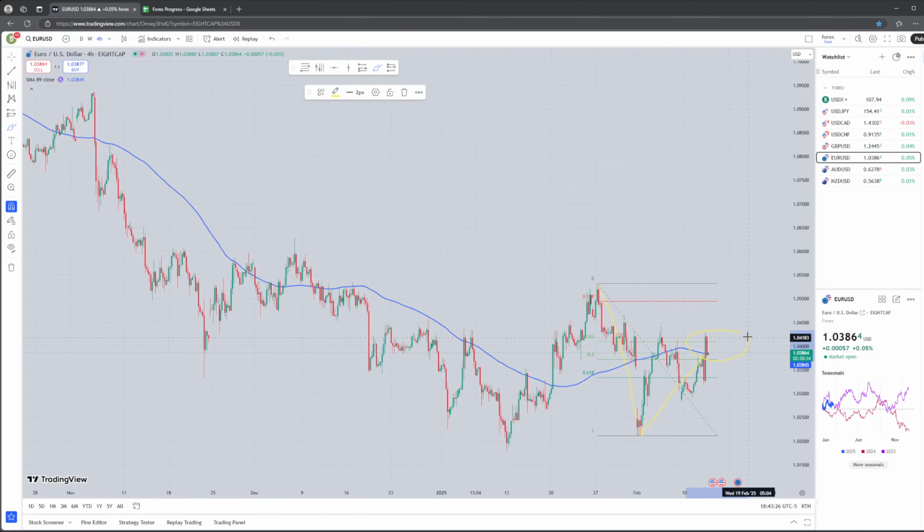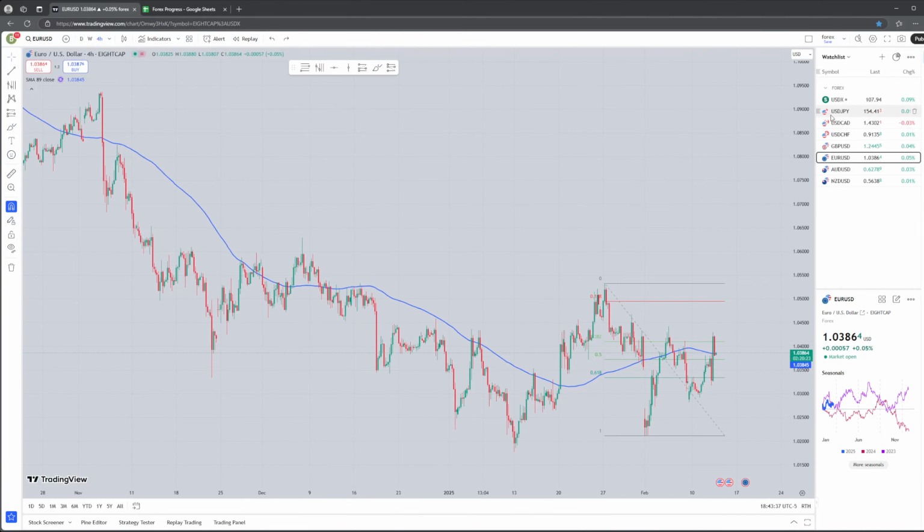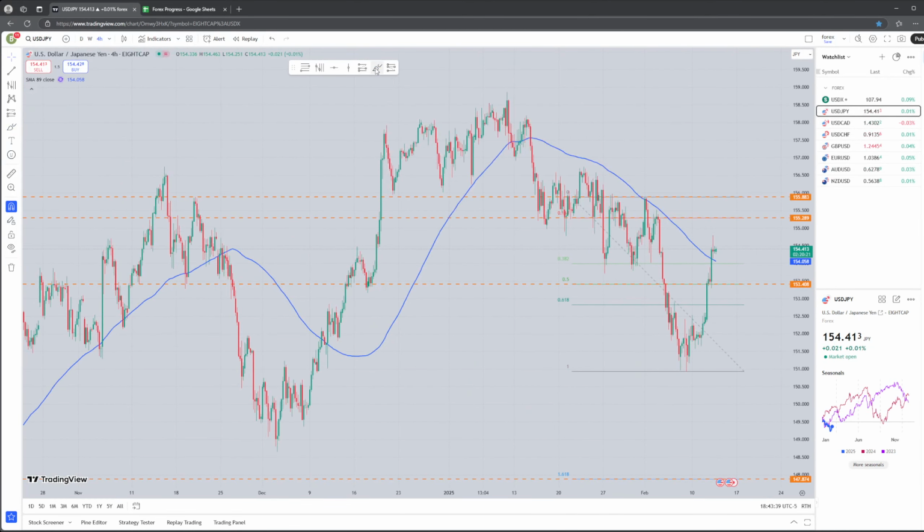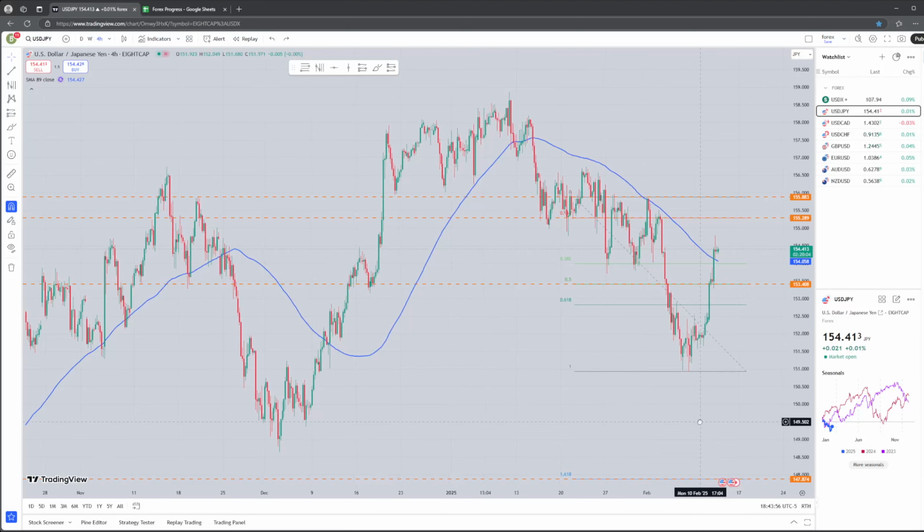Currently it's behaving around the 50% retracement zone here, which is still a good zone to sell Euro USD, but it's not as good as USD Japan Yen, right? In USD Japan Yen, the market has already retraced about 60 to 70% here with the fake out, and there's a really good chance that the market should soon return into the original trend. So USD Japan Yen looks best to trade.